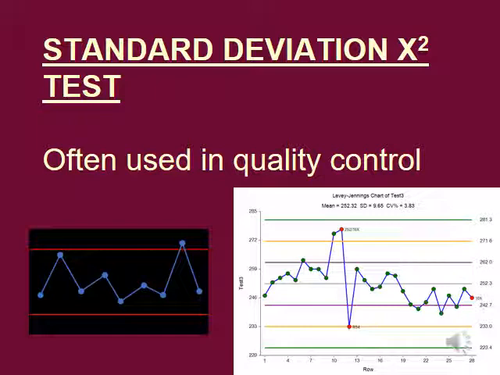Usually the ones that are close to the middle are okay. If you go a little bit out, you need to watch things more closely. And if it goes clear to the end, then we've got a serious problem. So again, a standard deviation chi-square test, if you want to choose that one and tell me what it is, the key thing is you're asking, is the standard deviation too big? Is it too spread out?